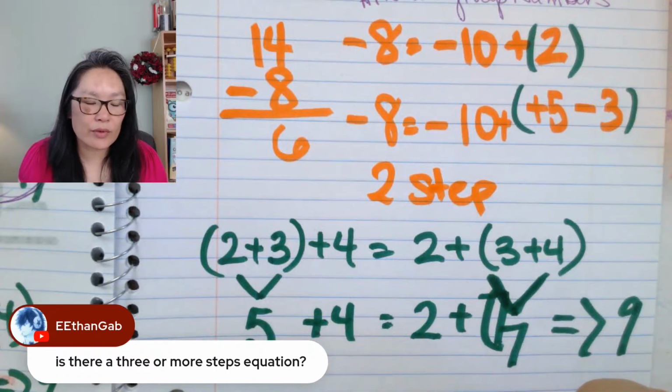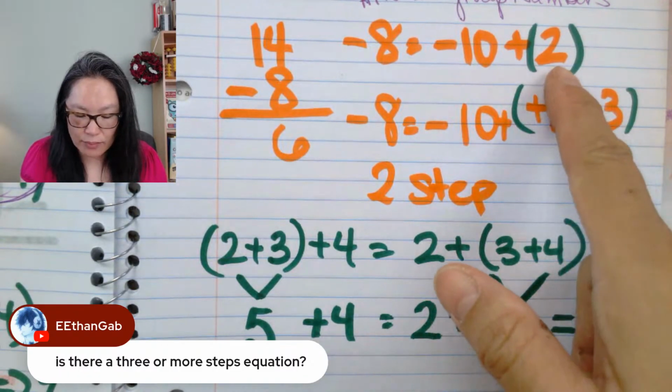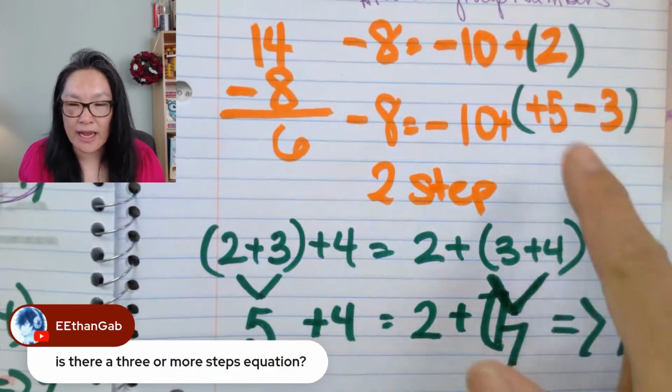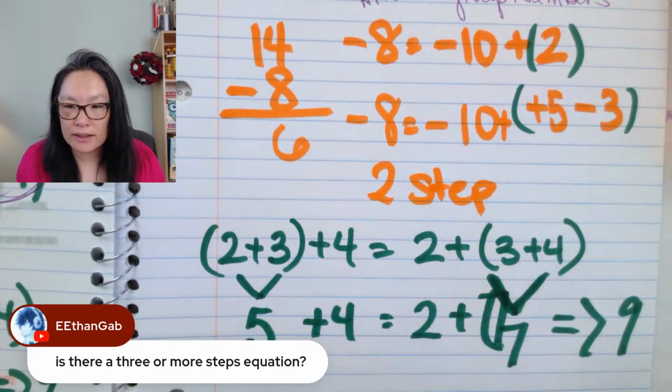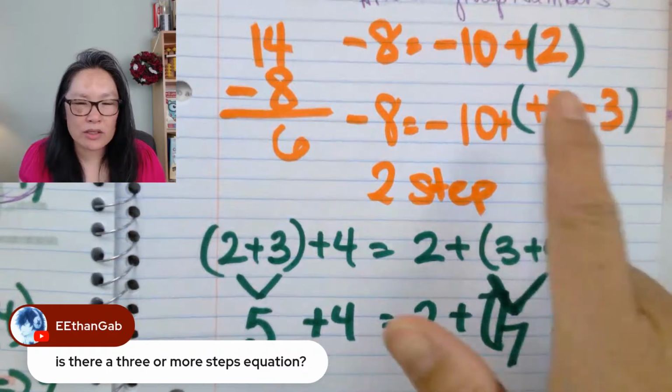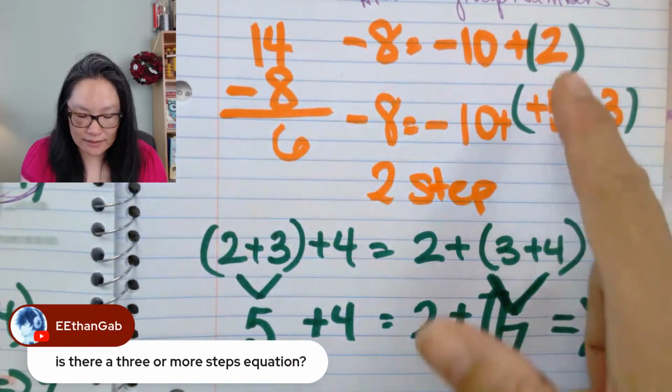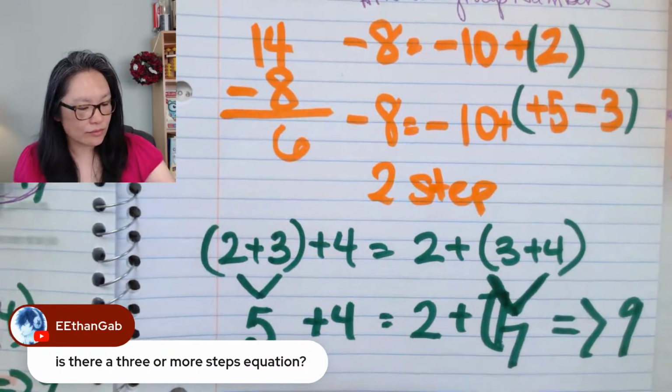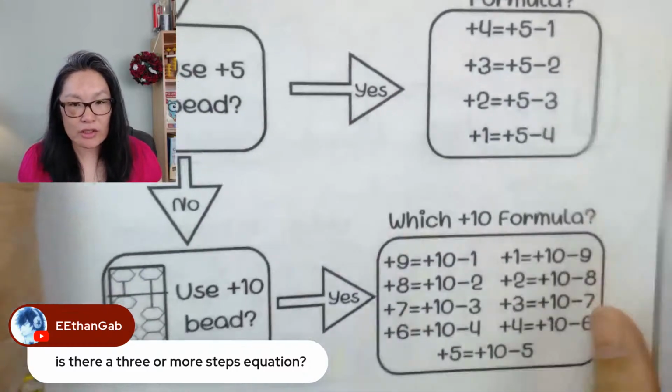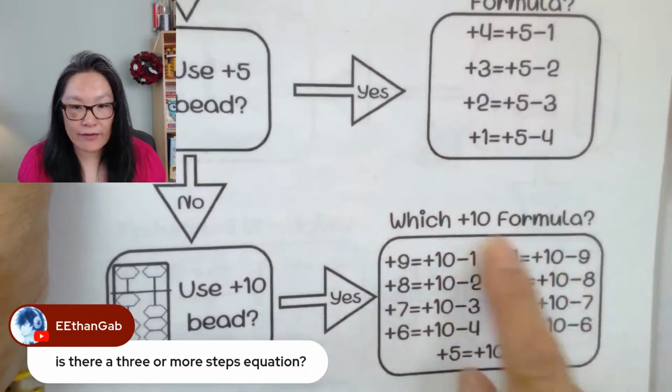Is there a 3 or more step equation? Yeah, but it's still just using the adding the 5 and taking away, adding the 5 and adding the 10. So it just matters on how we're doing it. Yeah, I'm trying to figure this out, but I don't think so. You're still going to go through how to make a 5, how to make a 10.